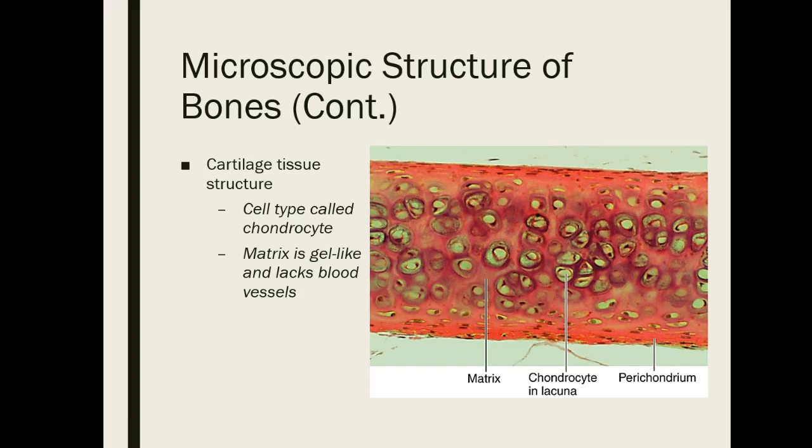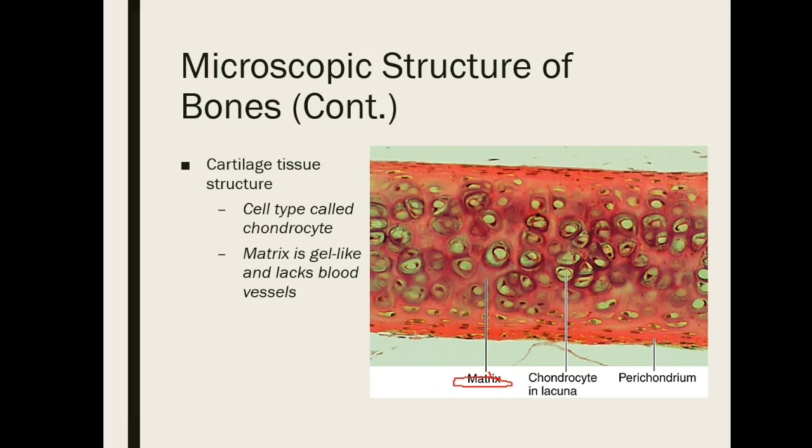So here we have the cartilage tissue. So we've got the matrix here, which, if we remember back to, I believe it was chapter 6, it talked about the matrix. This is just the fluid surrounding the cells in a tissue.